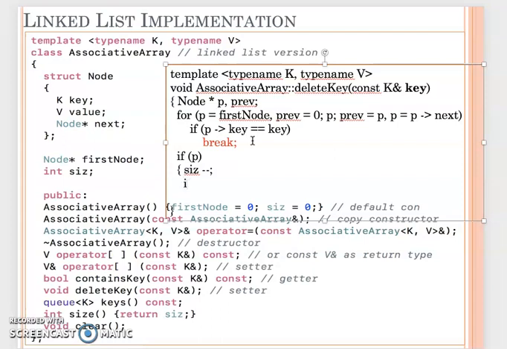If prev equals 0, that means the P we found is the first node, so we need to make the first node equal to 0. Otherwise, if this is not the first node, we just make our prev next equal to the P next.